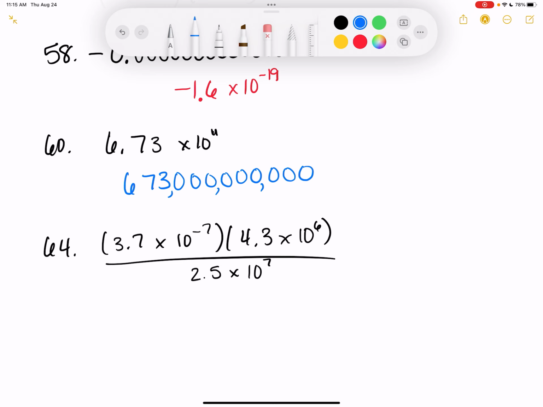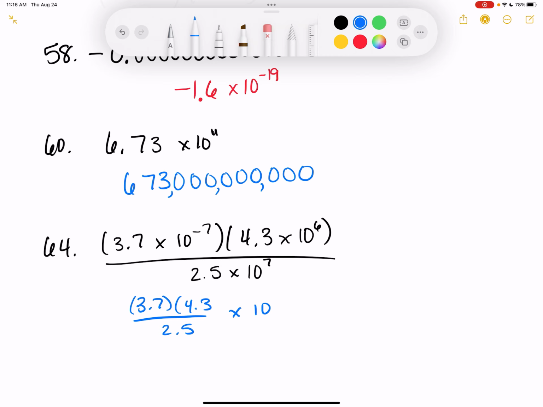So it would be something like 3.7 times 4.3 over 2.5 times 10 to the, and then this is where we can kind of combine the exponents. On top, we're adding them together, so that leaves me with a negative 1, and then I have 7 on the bottom. Remember, scientific notation is the only exception to us having negative exponents. So we want it to be on top, not on the bottom.